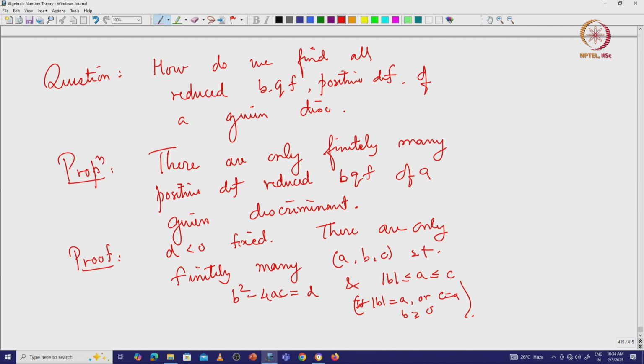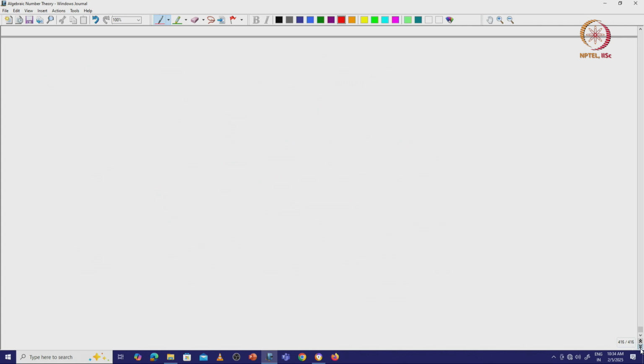Well, you first know that D is B squared minus 4AC, and D is negative by the way. We know that A is bigger than or equal to mod B, and C is bigger than or equal to mod B as well.